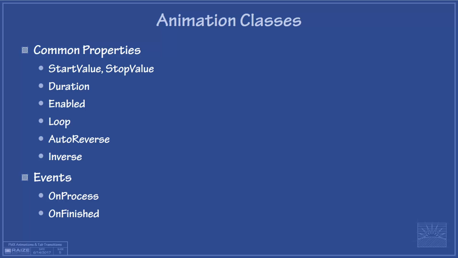I can start one, and at the end of the first animation, I can start up another one. That may be necessary if I'm animating two different things, and I need more control than one of the key animation frames, the float key or the color key, gives me. So I have an example a little bit later on where we use the OnFinished event in a very cool way.